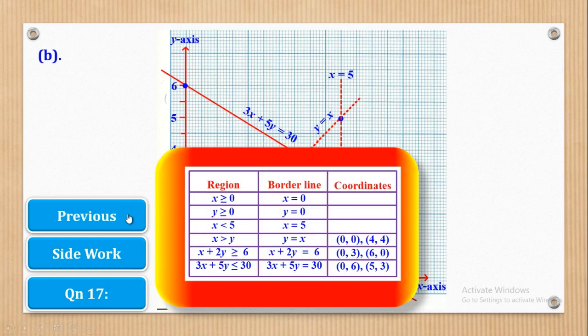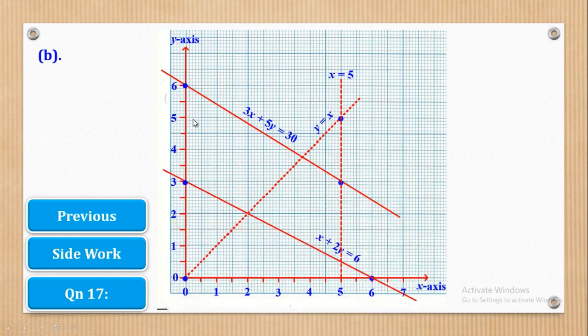Now, how do you shade? For example, x greater than or equal to 0, we are using borderline x equal to 0, which is the y-axis. Now, for you to shade, you look for a point which is either this side or this side of the line. So let's choose the point which is this side, and let that point be (1, 0).